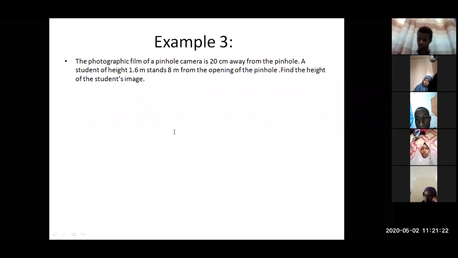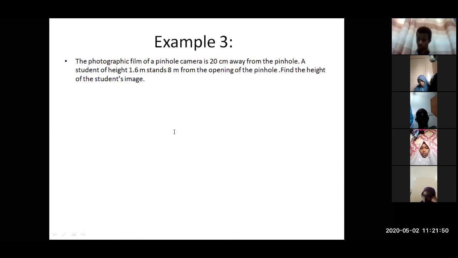The second characteristic, the image is real. So inverted and real. Then we have looked at the various effects: effect of object distance, effect of the length of the pinhole camera or the image distance. Then we have looked at the size of the pinhole and if we have many pinholes.